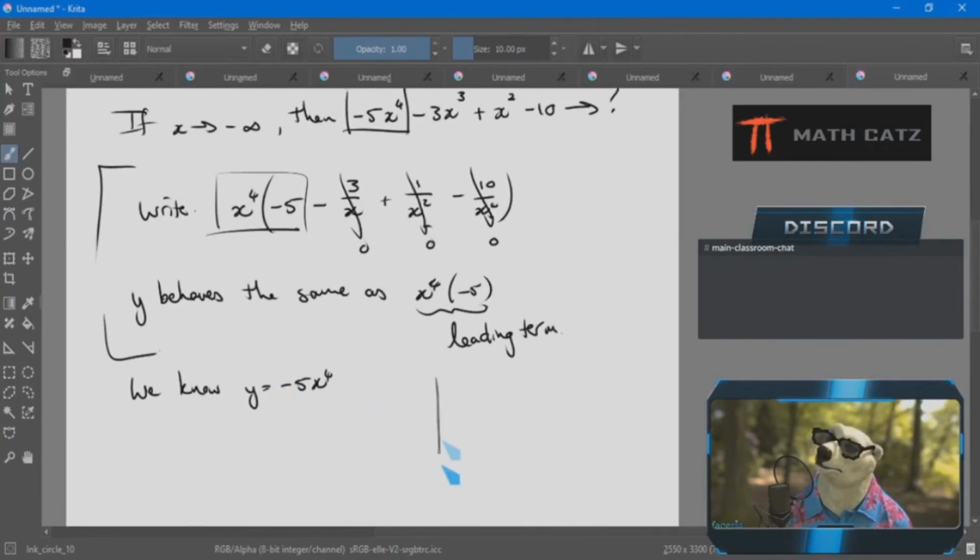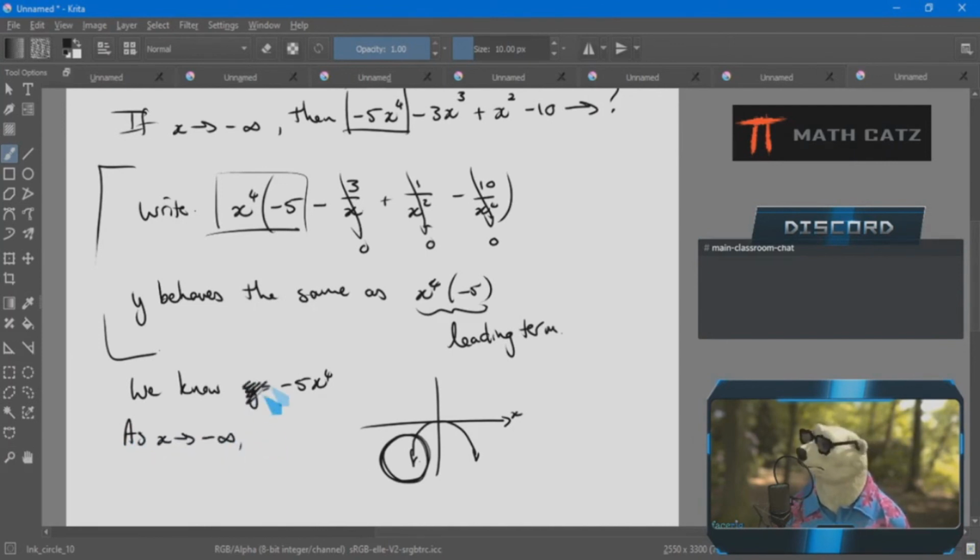I flip it horizontally, I stretch it a little bit, it's going to look like that, right? So long term, I'm now looking to the far left, as x approaches -infinity. I shouldn't call it y. -5x to the 4 approaches -infinity.